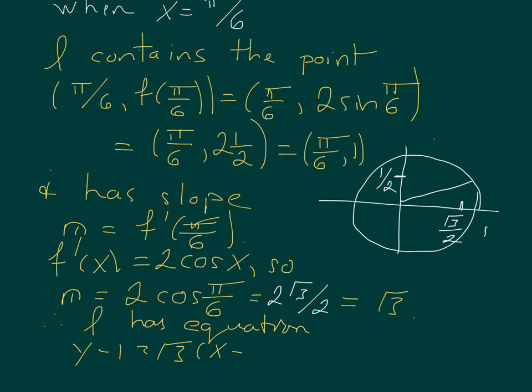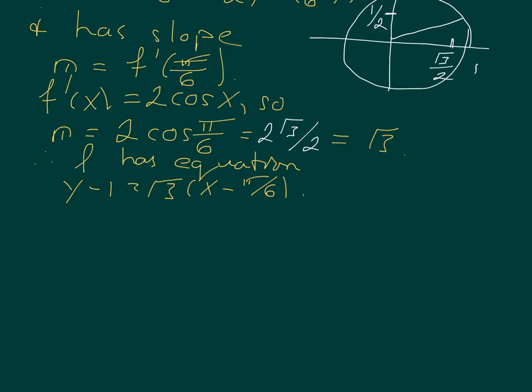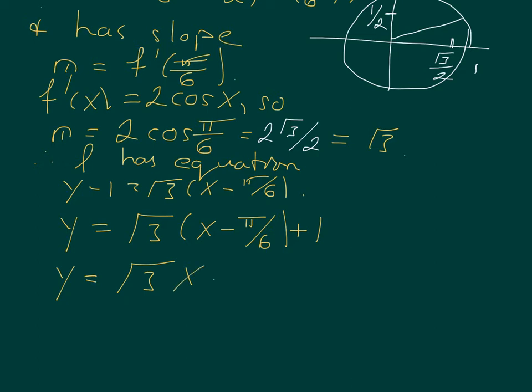Given x value is pi by 6, so minus pi by 6. Rewriting this, we can write it as y is equal to root 3 times x minus pi by 6, plus 1, or if you want to go one extra step, y is equal to root 3 x minus root 3 pi over 6, all plus 1.